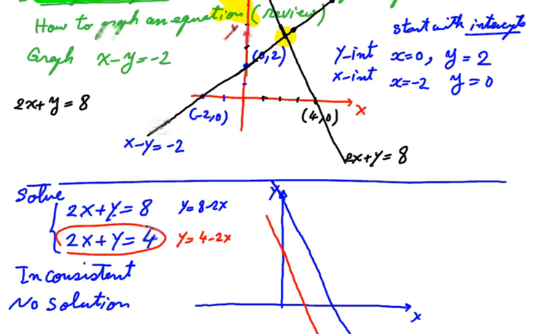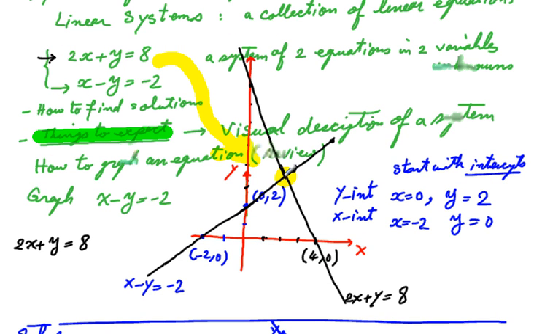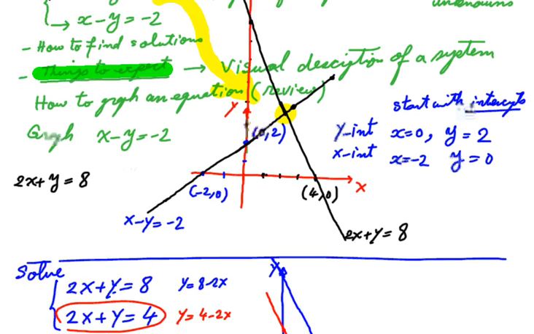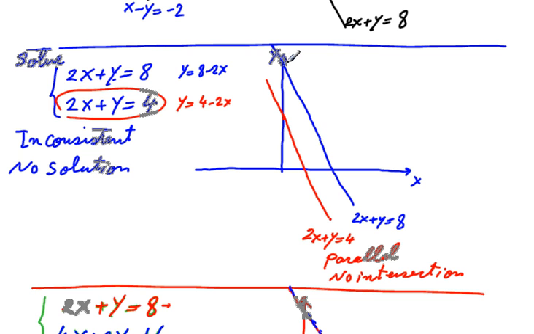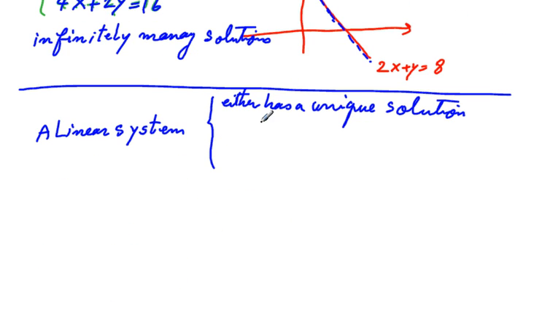That's what we saw first. If you have a linear system like this one, either it cuts at one point, just like what we saw, or has no solutions, or has infinitely many solutions.